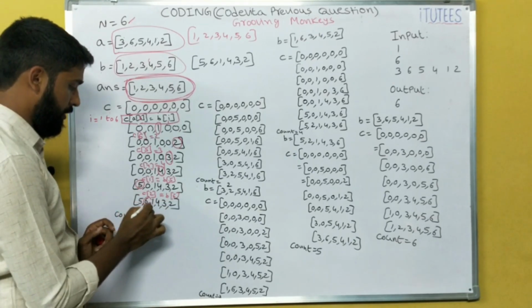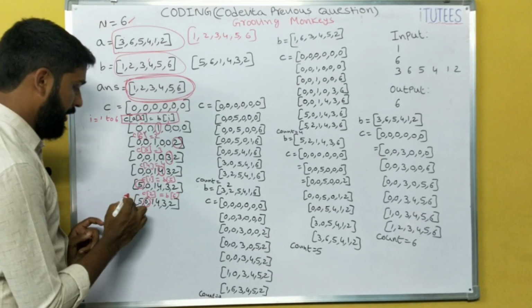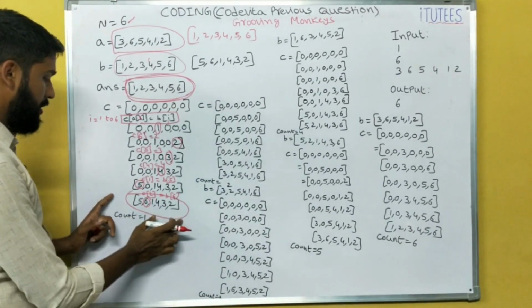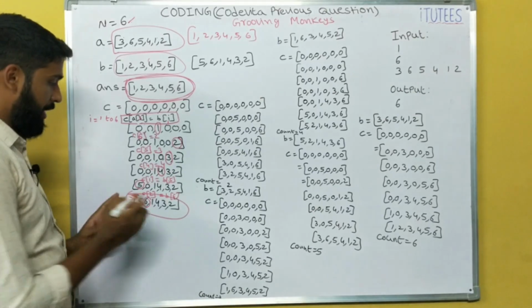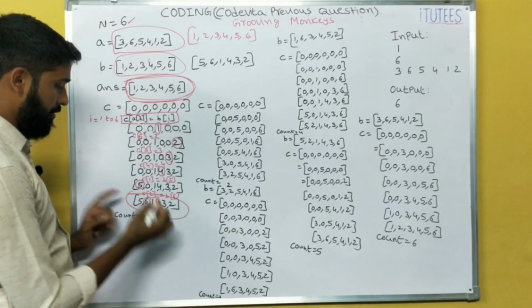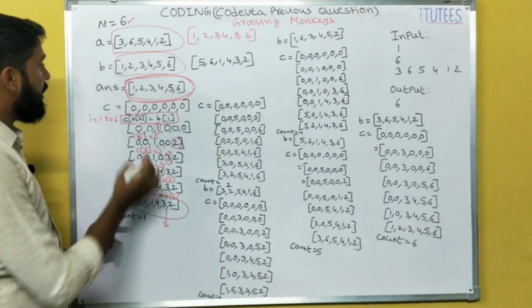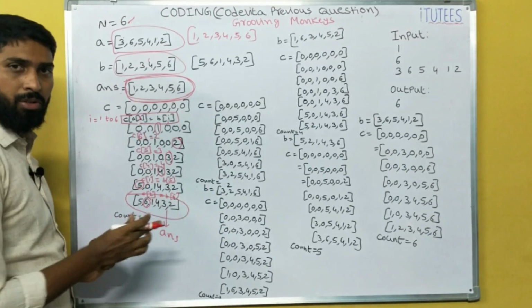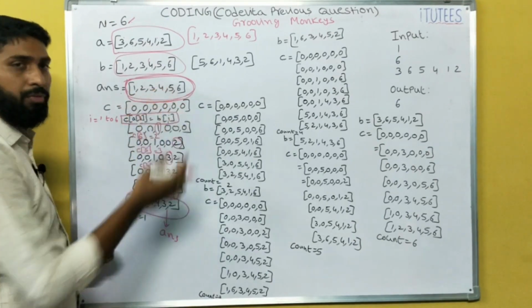So this is the pattern we got after one step. After one step, we increment the count. Then we check if this, 5, 6, 1, 4, 3, 2, equals 1, 2, 3, 4, 5, 6.